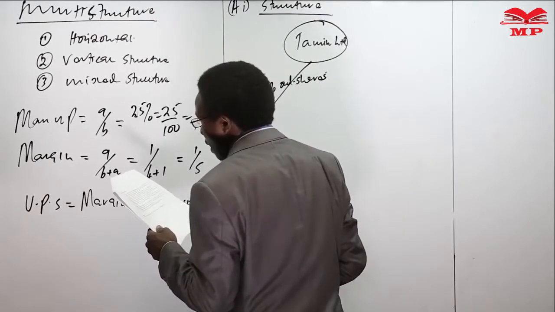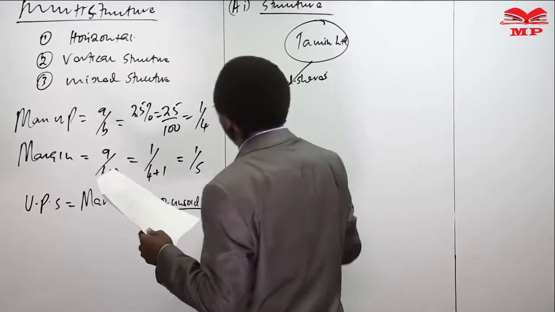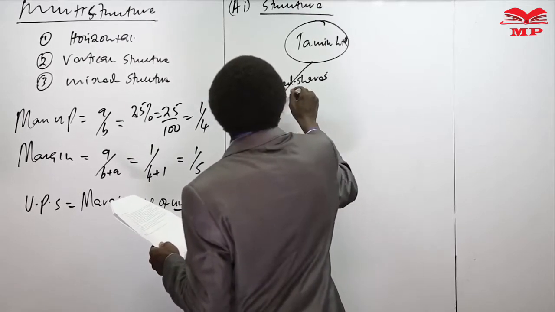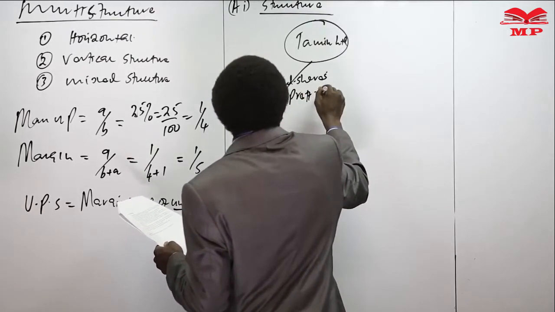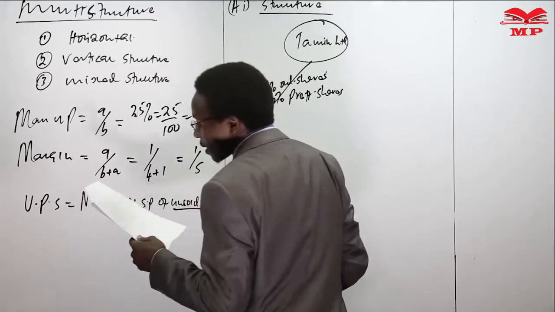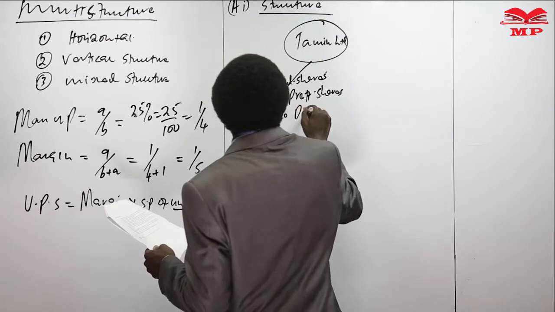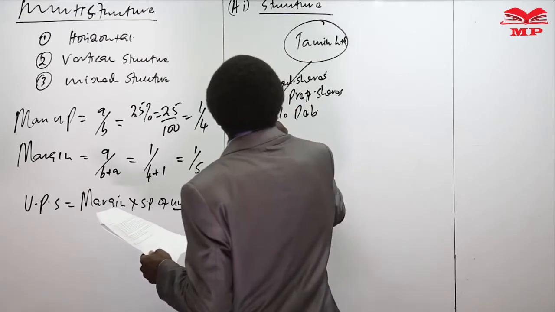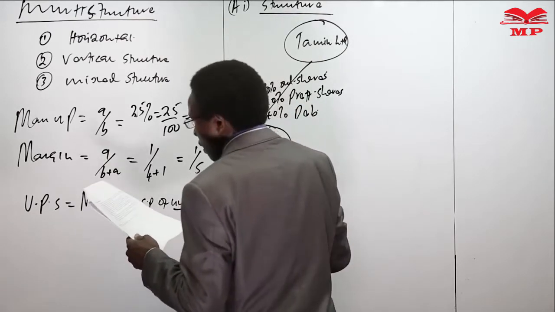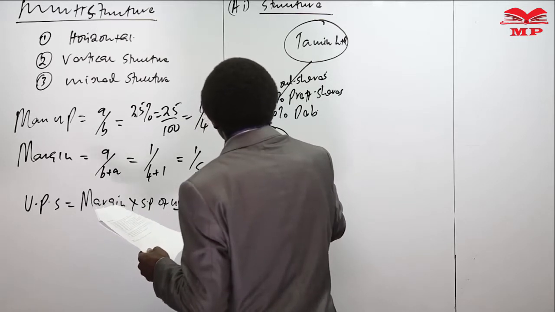Not only that, they have also acquired, note number 2, 20% preference shares. Then Tamim has also acquired 40% debenture. And they have acquired this in Mima Limited.